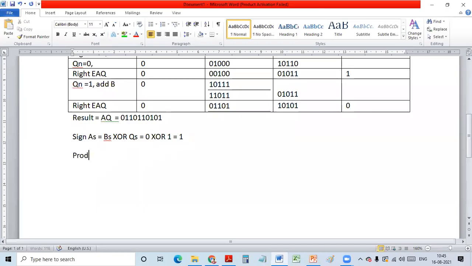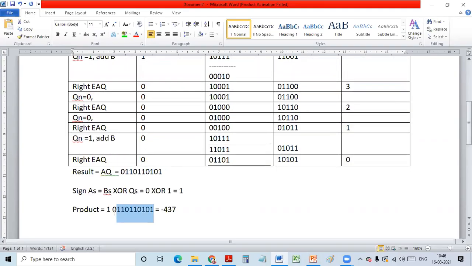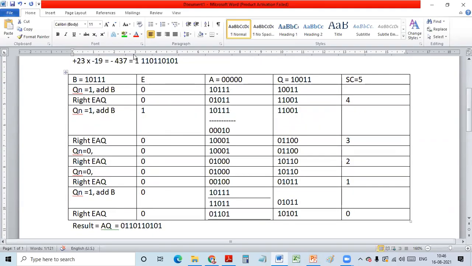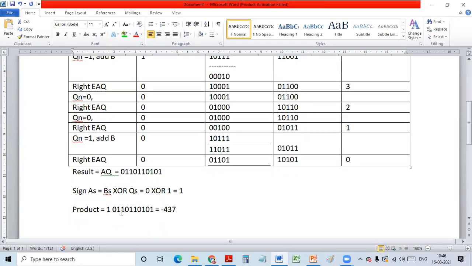So the product is minus magnitude 0, 1, 1, 0, 1, 1, 0, 1, 0, 1. Okay, if you check, this will be minus 437. Am I right? So these are the bits. We have extended it by 1 bit with the 0. That doesn't matter. These are the magnitudes. Am I correct?